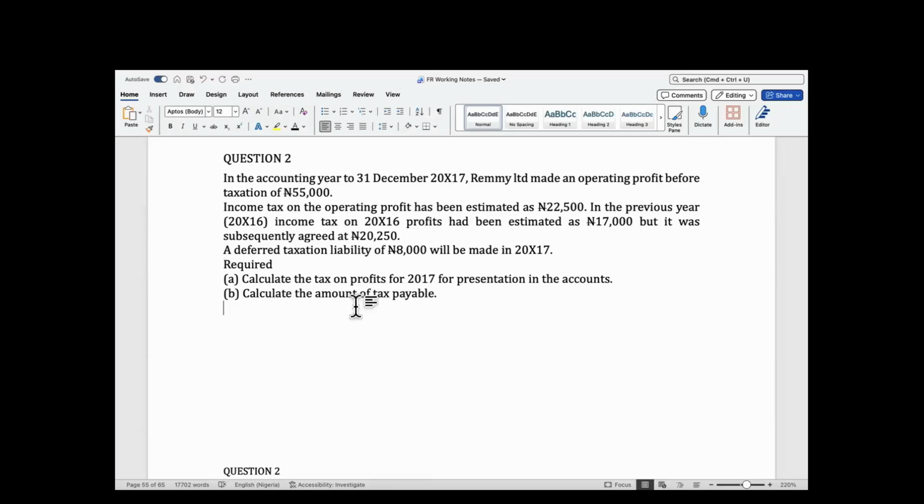So, again, the first one asks us to calculate the tax charge. Calculate the tax on profits that we put in our P&L, which is the tax charge or the income tax expense.